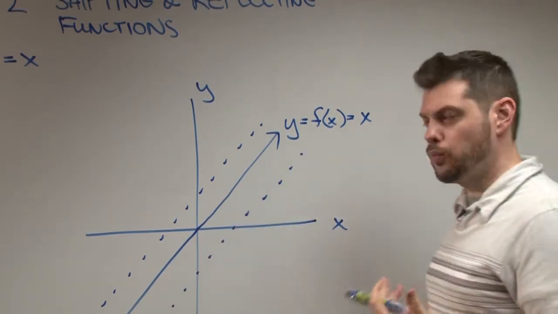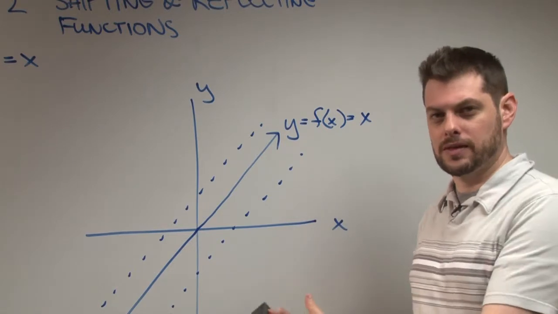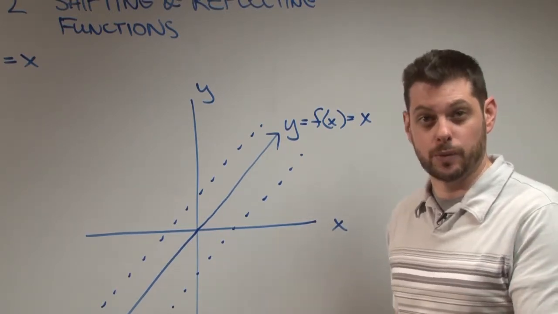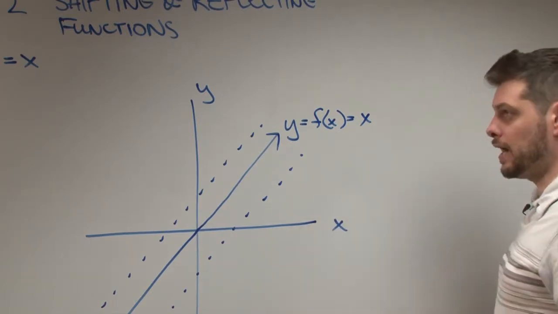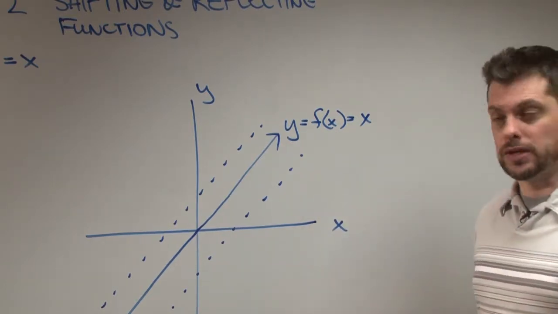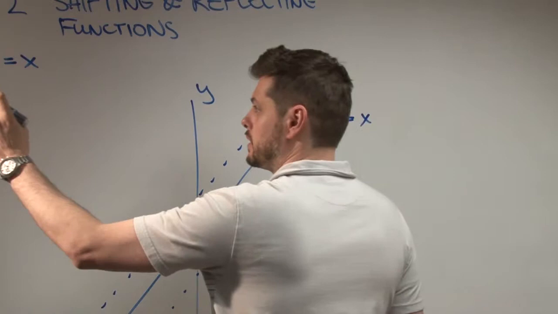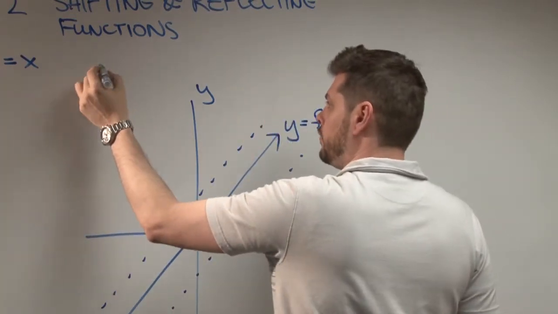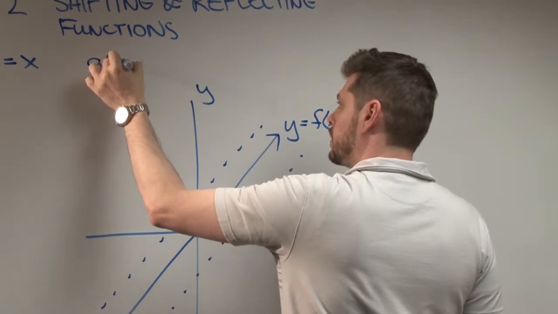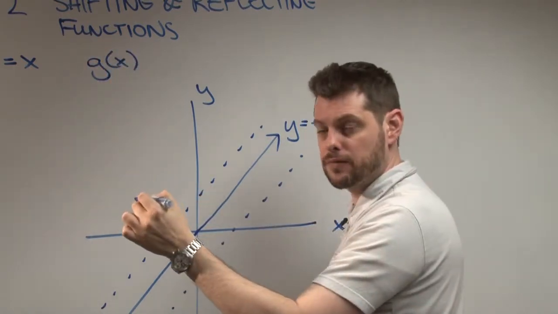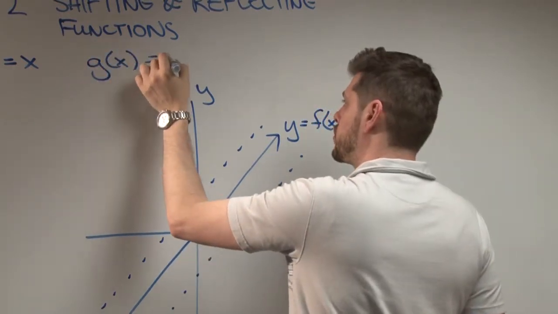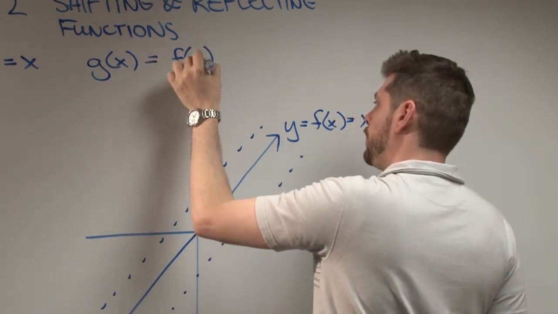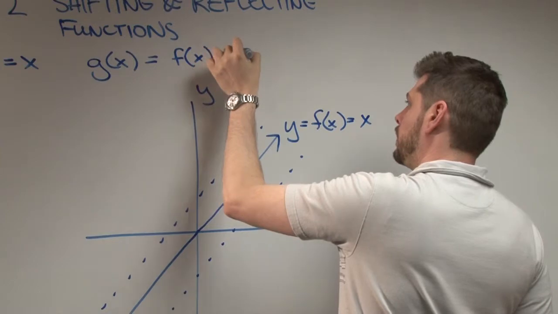So how would we take this idea and turn it into an algebraic representation of what we're talking about? We're going to have to use a different function notation. So what I'm going to say is that y is a function of x, but now I'm going to craft a function called g of x, which will represent the shift. So what I'm going to do is I'm going to shift my function up by 3.